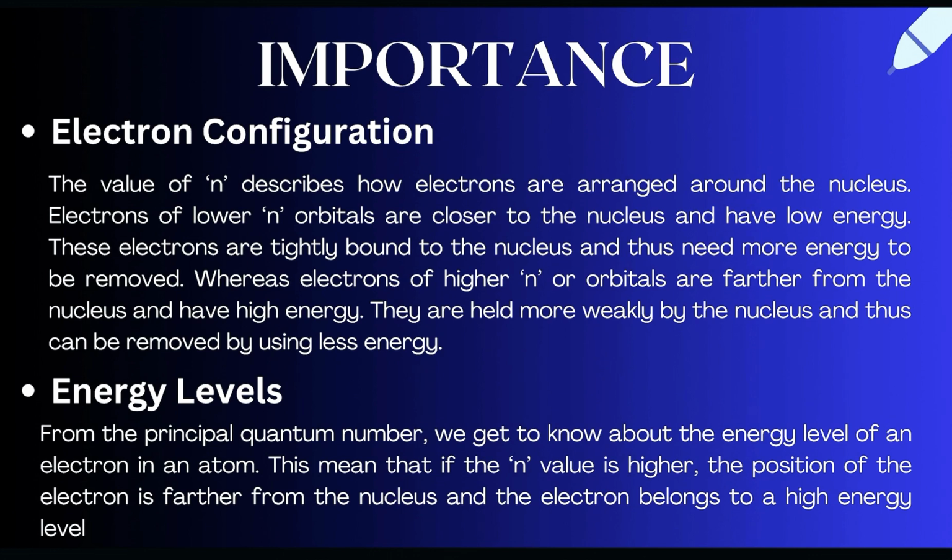And from that number you can say what is the energy level, right? Like if the electron belongs to shell number 2, that means the energy level is 2. Or if it is 4, then the energy level is 4. So from this quantum number n, you can say in which energy level the electron is actually belonging.